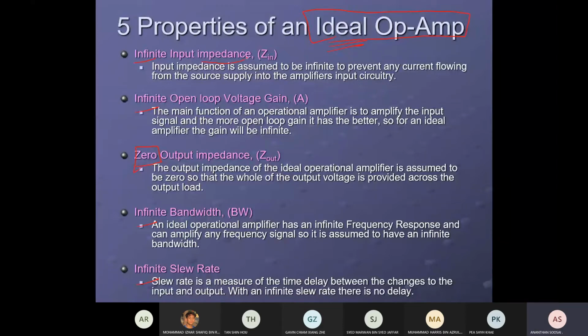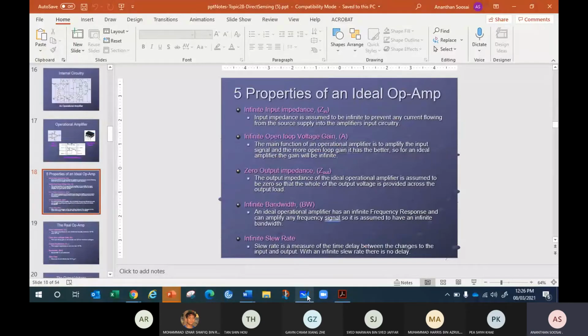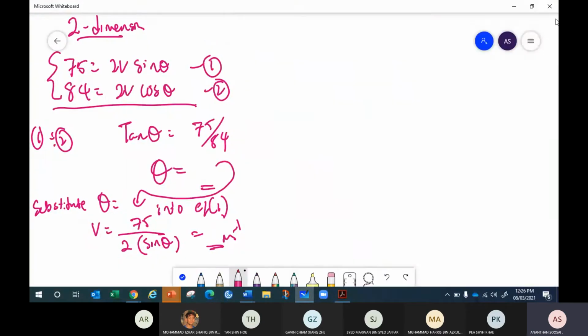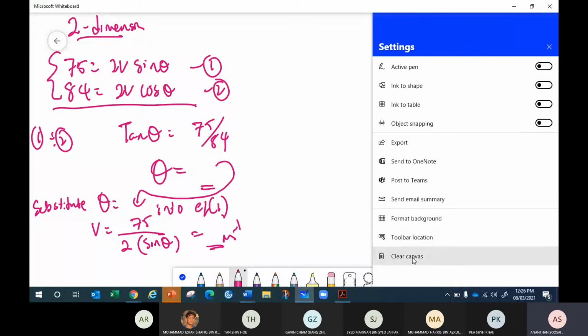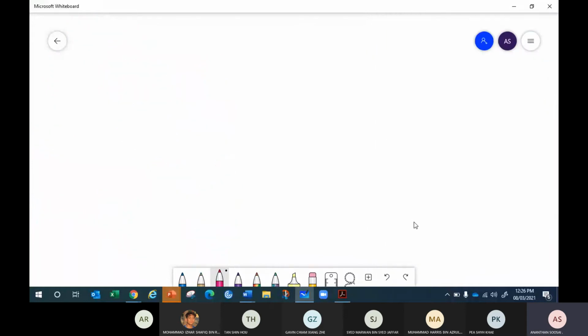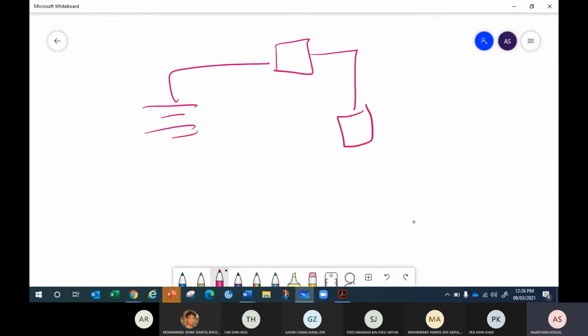What is meant by impedance? You can take it like resistance. Impedance is like resistance. Let's say you have a power supply and two resistors; then we say the circuit has resistance.